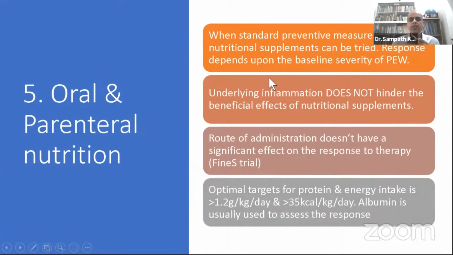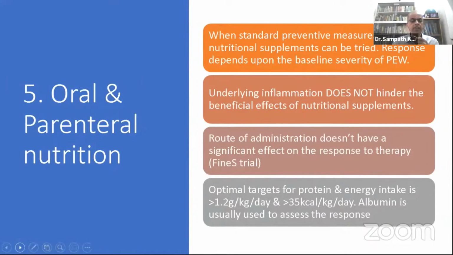When standard preventive methods fail, we need to start, and even before that, it will be a good idea to prevent this unholy nexus from taking charge. So you will have to provide them with good oral and parenteral nutrition. I have not used parenteral nutrition in a large number of my patients, very few.